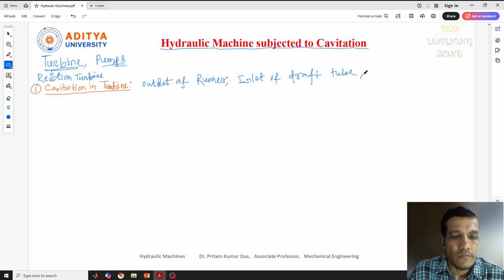Suppose there is a pipe made of some metal. Small bubbles form due to the pressure difference, and these bubbles are going to blast. When they blast, they release a pressure that acts on the surface of the pipe and scratches it, so the material is eaten away. That portion is called cavitation.